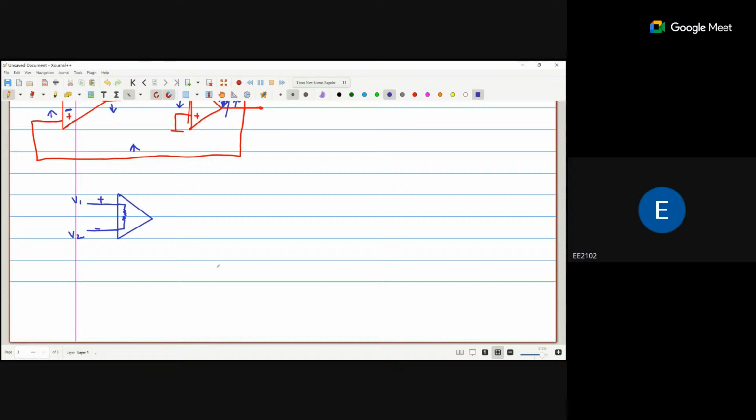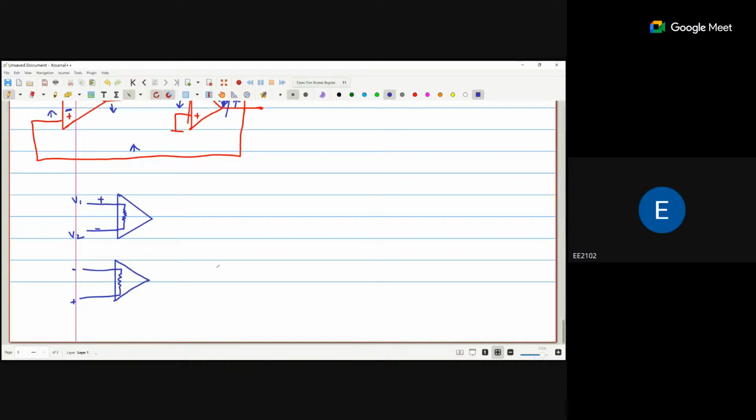But this is only the representation, so you can draw it this way also, no problem. This one is positive, this one is negative.